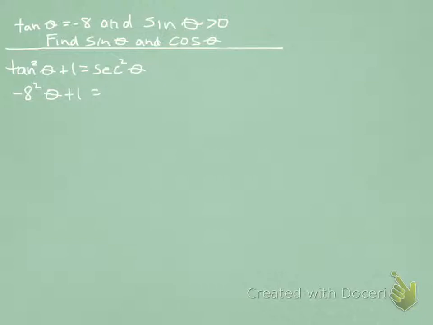Well, the secant squared we do not know yet, so we're going to leave it as is. Now we know that -8, and we probably should put that in parentheses there, negative 8 squared is, of course, 64, plus 1 is equal to the secant squared.